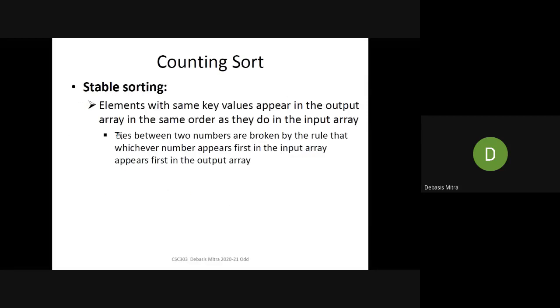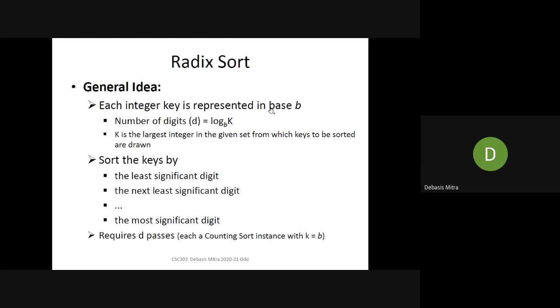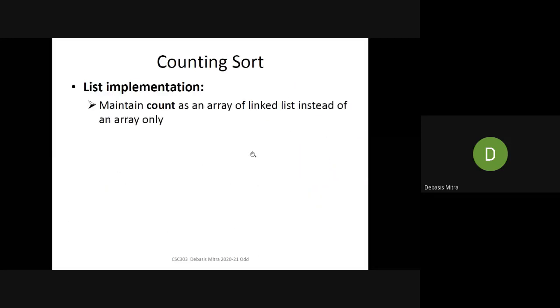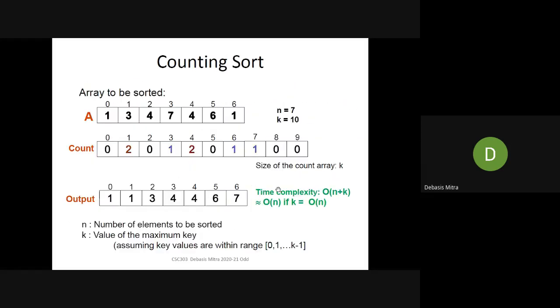Now, why are we so bothered about stable sorting? Because of radix sort. Okay, this complexity I had forgotten to mention. Here I had mentioned the time complexity, order of n plus k, because I have to traverse n times first, where n is the number of elements, and then when getting the output I have to traverse k times, because this is the size of the count array.